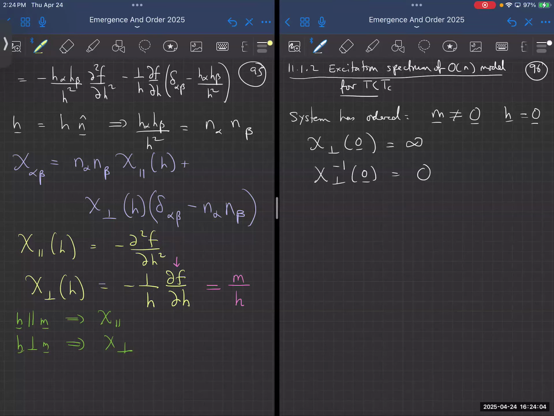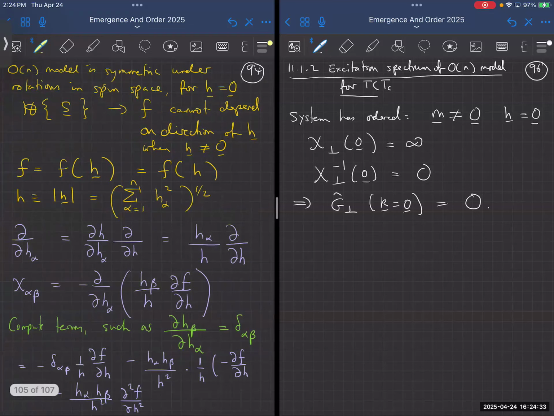So since the susceptibility is equal to the zeroth component of the 2-point correlation function, that means that the 2-point correlation function in the transverse direction evaluated at k equals 0, that itself is equal to 0. Okay, so we've now deduced something about the transverse correlations in the system from this very simple statement about the thermodynamics.